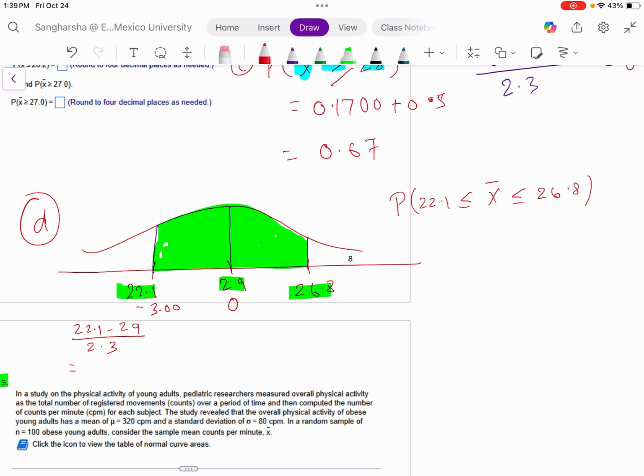For 26.8, it's 26.8 minus 29 divided by... okay, my bad. 26.8 has to be on the left of 29, not on the right side. This is my mistake, because 26.8 is smaller than 29. So here is our 26.8, and we are interested in finding this area.